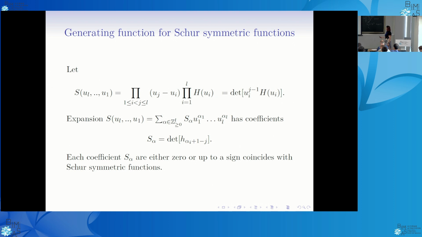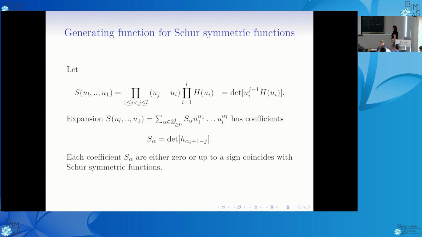So let's take several copies of generating functions for complete symmetric functions, multiply them all together, and multiply by the Vandermonde. Then all this together result is a big determinant itself. It's a formal distribution, actually it's a power series in variables u_L through u_1. And if we expand this in monomials in these variables, the coefficients will be given by, again, determinants, which are just a variation of the Jacobi-Trudi identity.